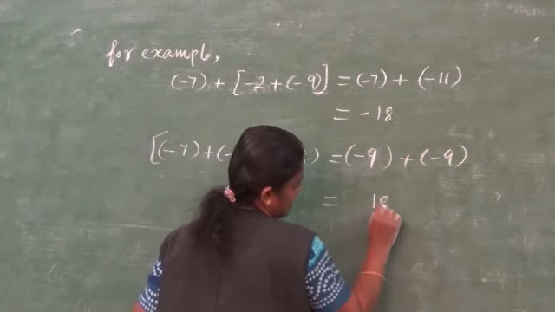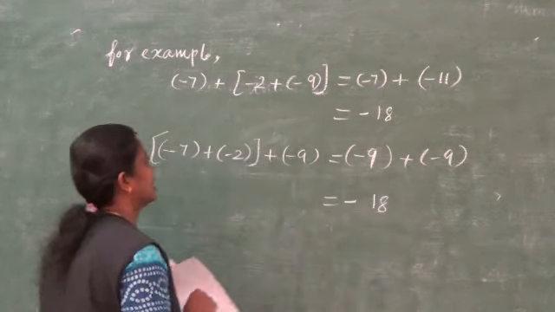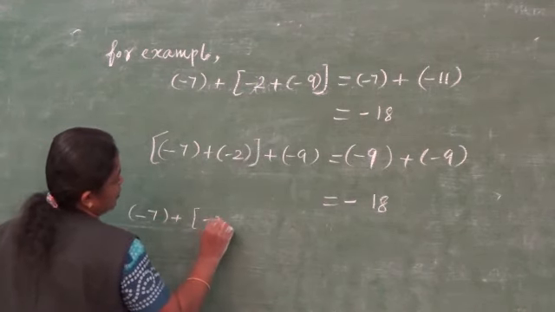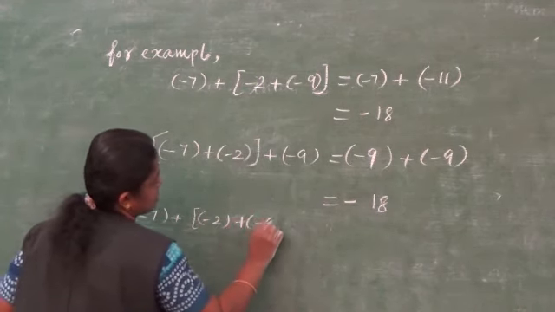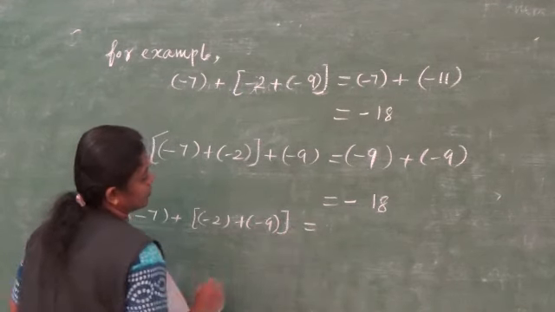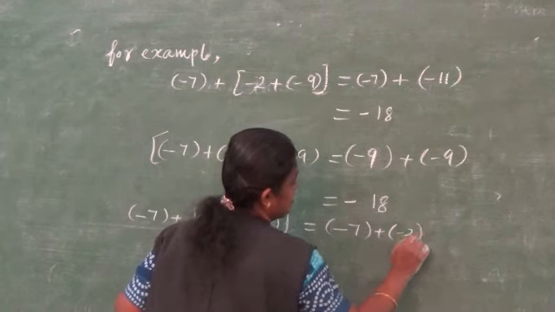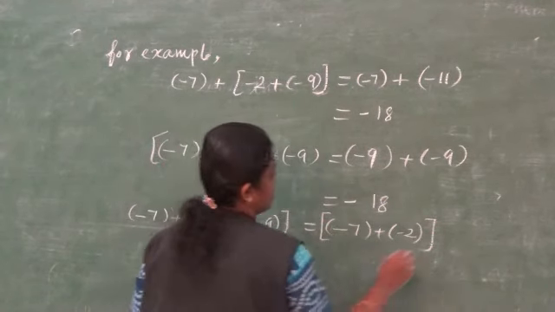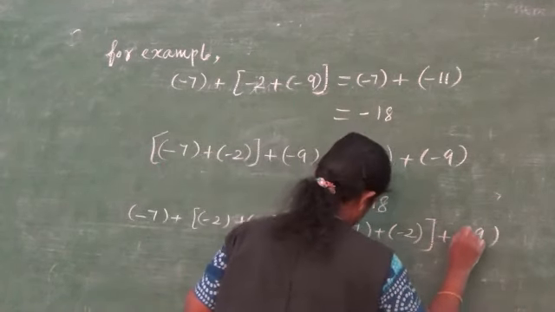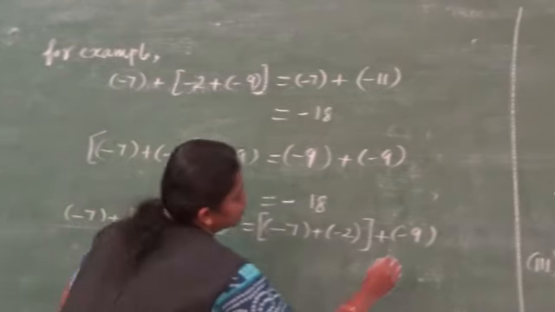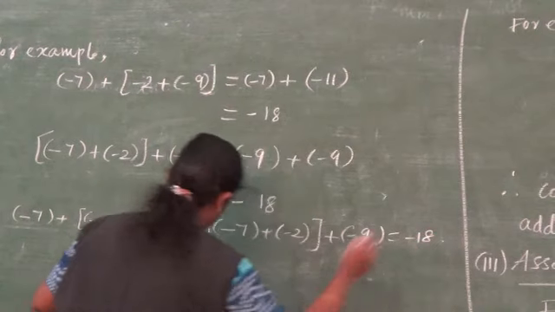So if you are adding, 18, the sign is negative. That is equal to minus 18.